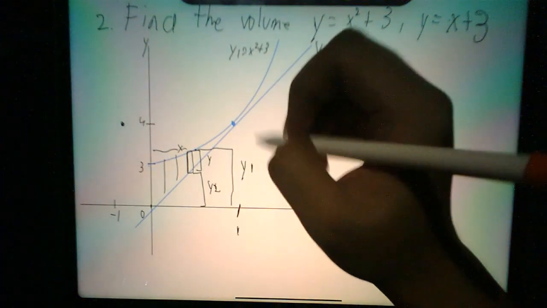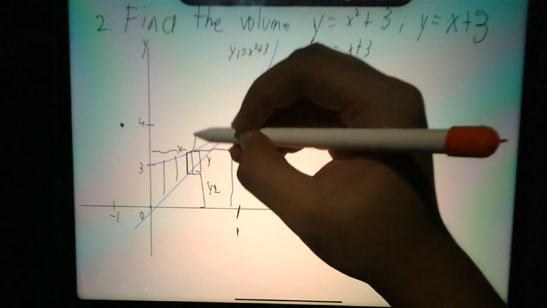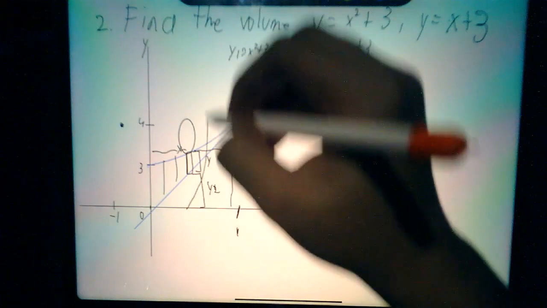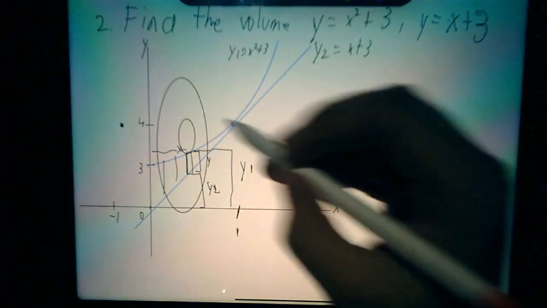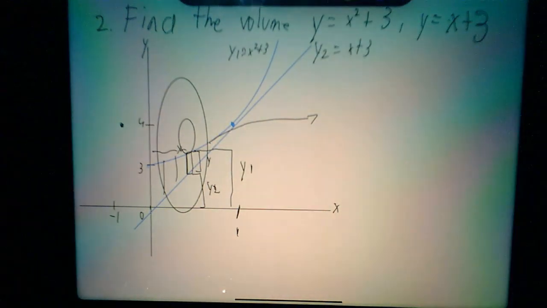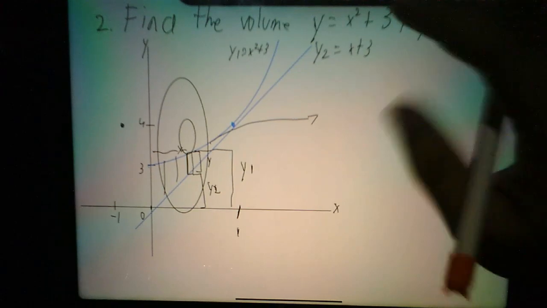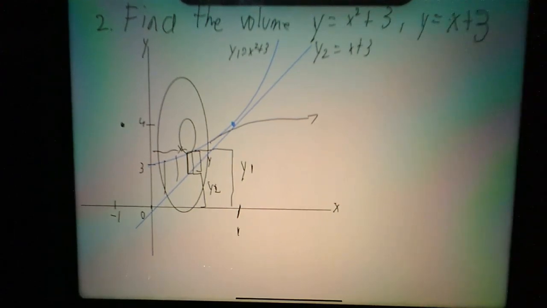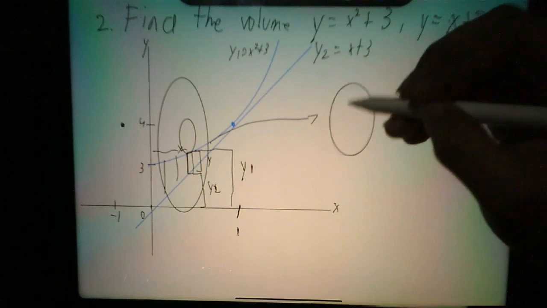So by doing a circle here, let's put a circle here, a circle here, and let's take this out, our solid surface, or our slice. So let me first illustrate this.